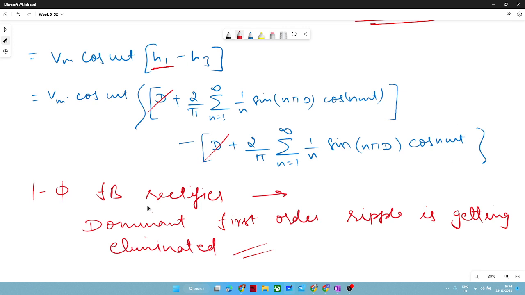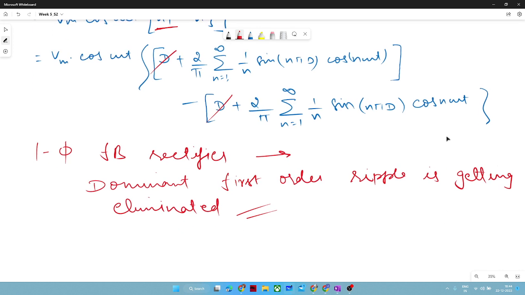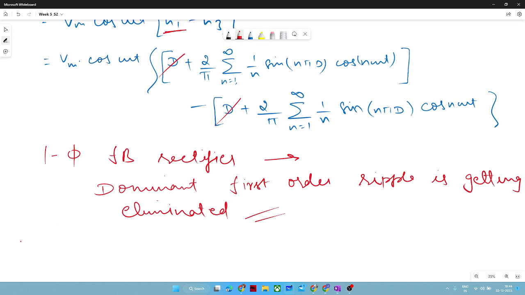Now again, if I want to compute the DC component, because in a rectifier we are just concerned with DC output voltage, nothing else, for that I have to club all these things. V naught is equal to Vm cos omega t.